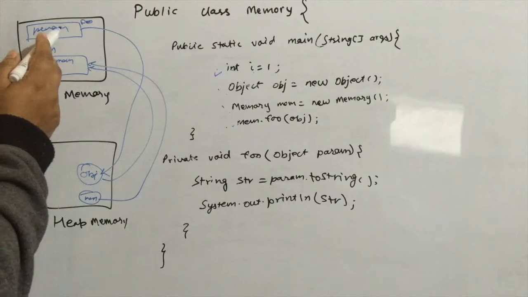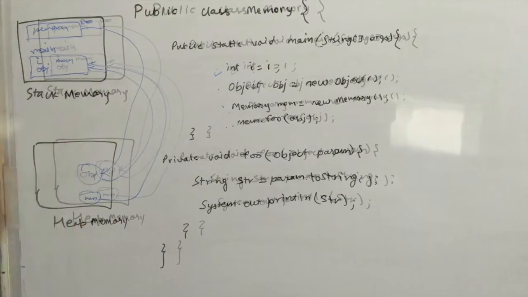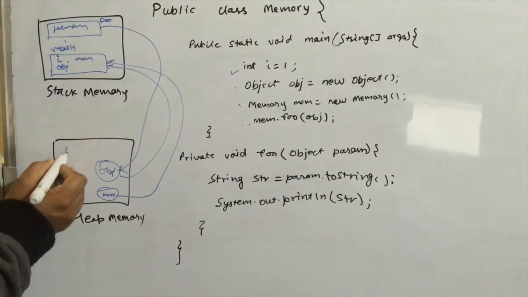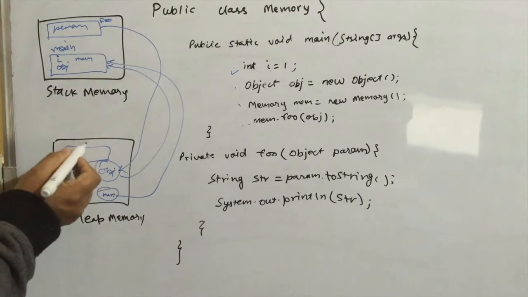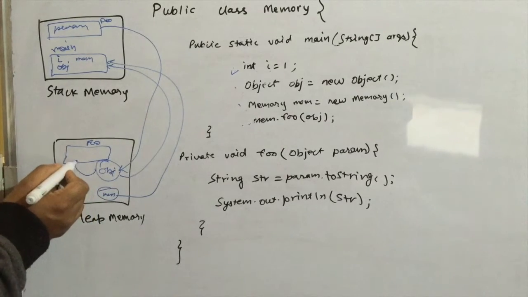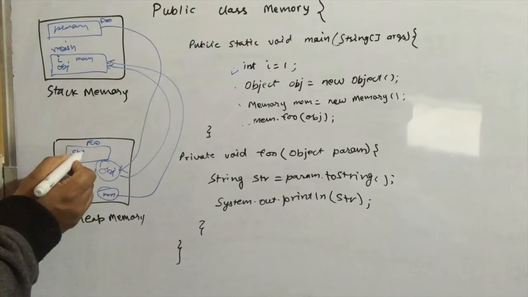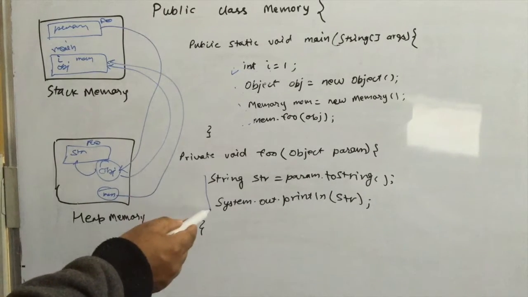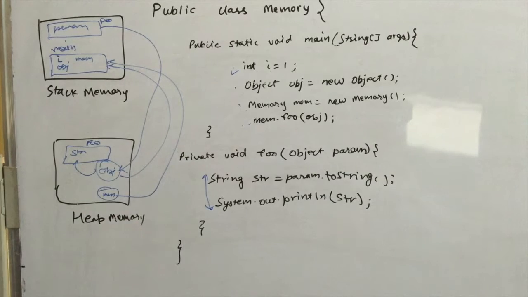This param is referenced with the object. Now when the foo method is executed, it makes a space in heap memory, referenced with the same string object, and this string object is printed.